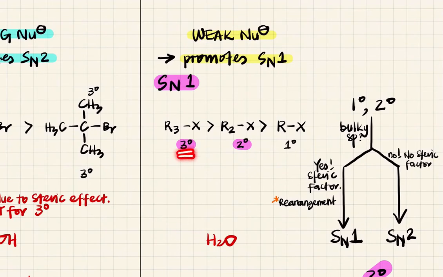Tertiary kan? Tertiary carbocation kan? So since Sn1 dia ada 2 step, which is you are going to first form your intermediate carbocation, step 1 tu, ini akan leave. So kalau awak ada, okay, ni 3 kan, ni macam ni, so maksudnya macam ni. Okay, ni carbocation awak, tertiary carbocation, right?